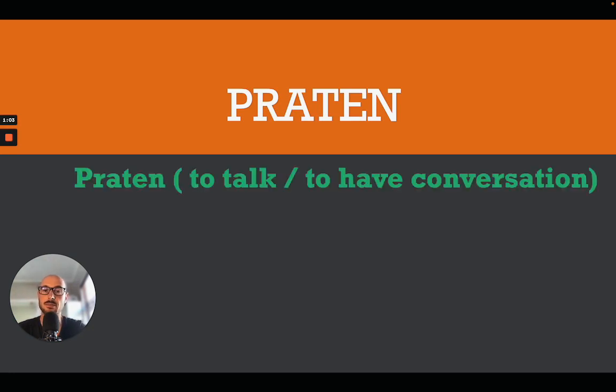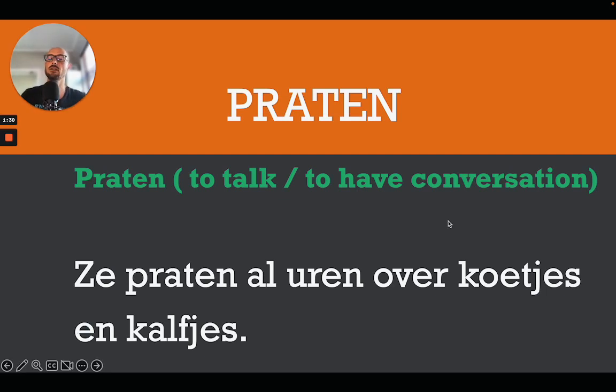So we start off with praten, and praten means to talk, to have a conversation. It's quite informal. Now that's important to know because for the following verbs, I will say these ones are formal, these ones are informal. So that's actually already a difference between praten and the other verbs which will follow. So when we take a look at the example, ze praten al uren over koetjes en kalfjes.